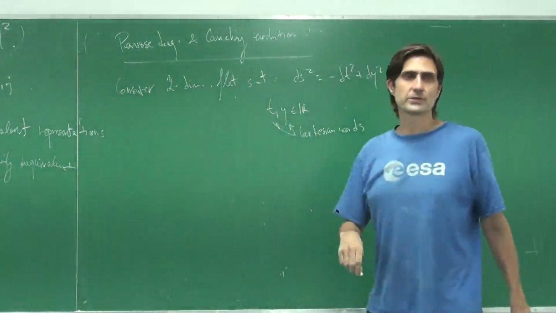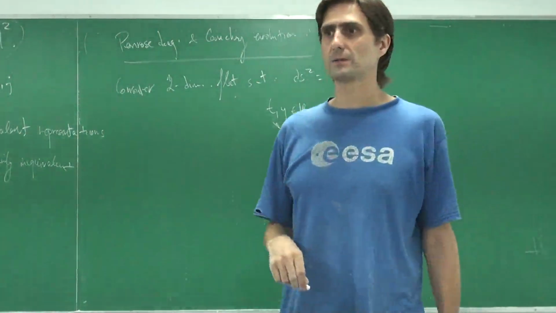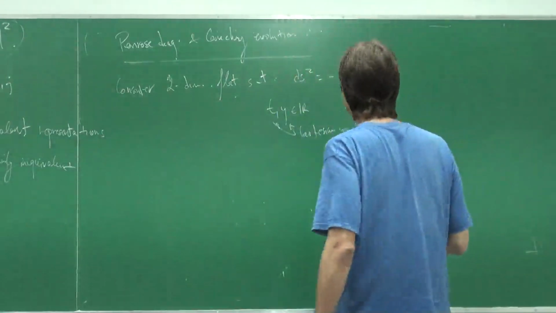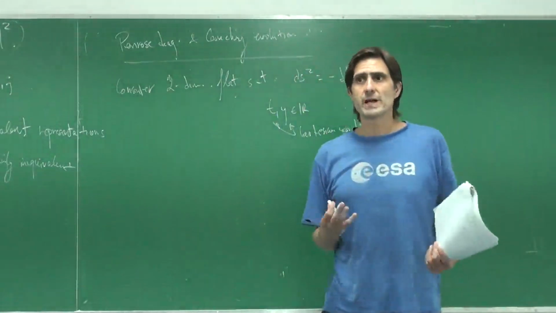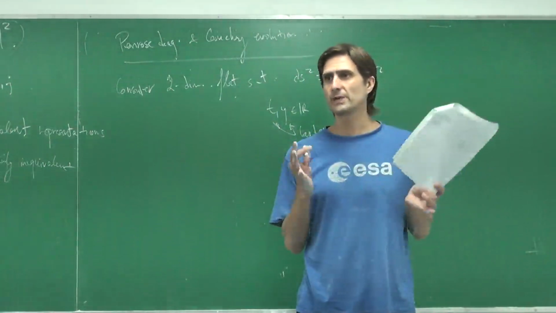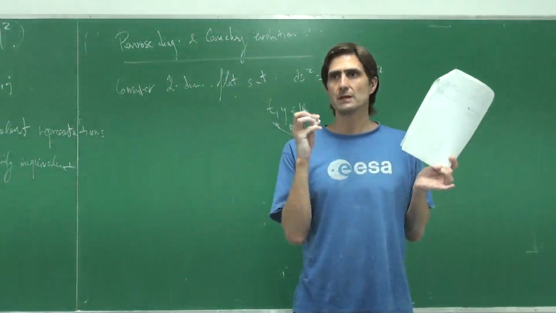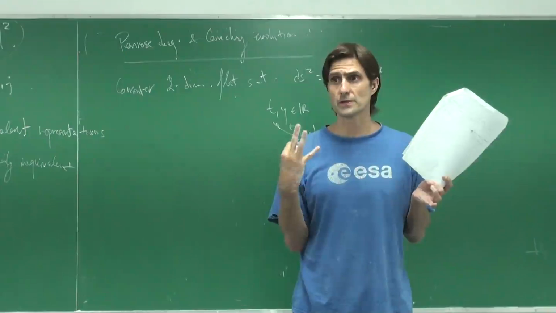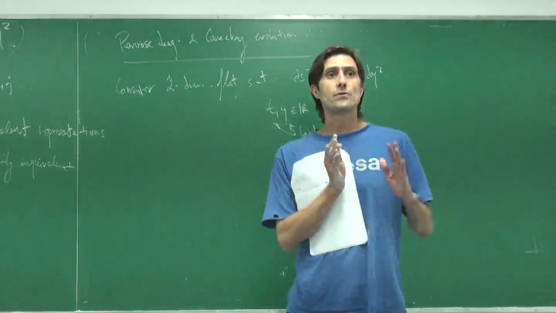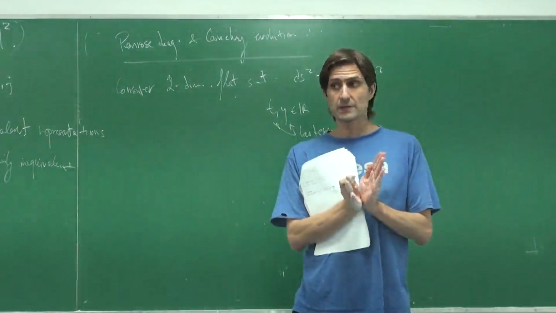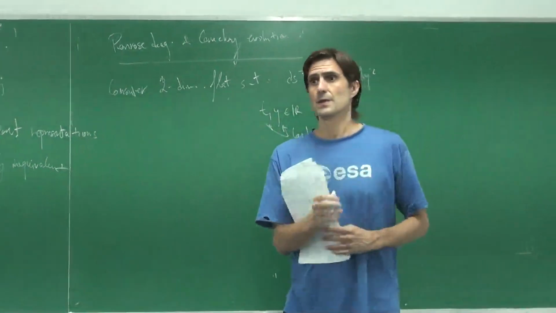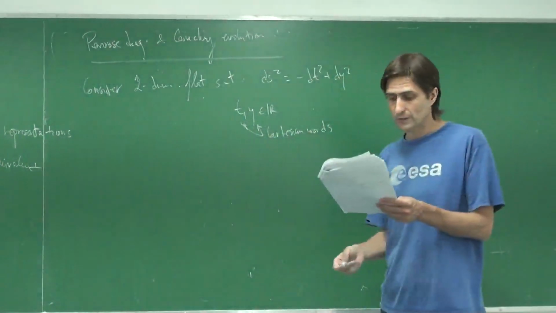The metric is just minus 1, plus 1, diagonal. And the crucial thing about Penrose diagrams is that they capture the causal structure of your space-time. The basis of this are the null geodesics, so you want to go to null coordinates.